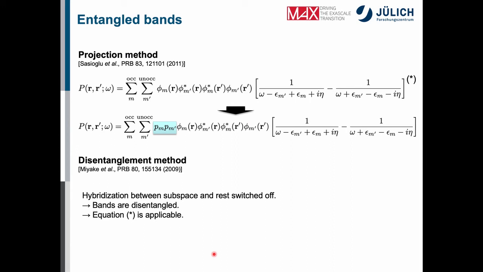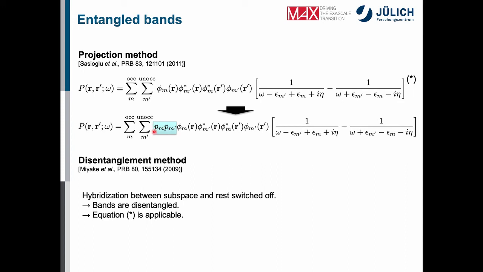The first is our own. I called it the projection method. Here we scale each virtual excitation by a prefactor P_m times P_m'. P_m is the probability that an electron in the state m is in the correlated subspace.